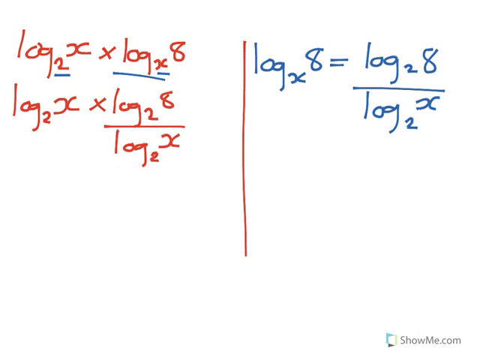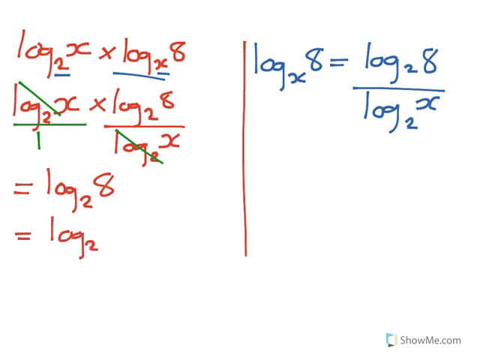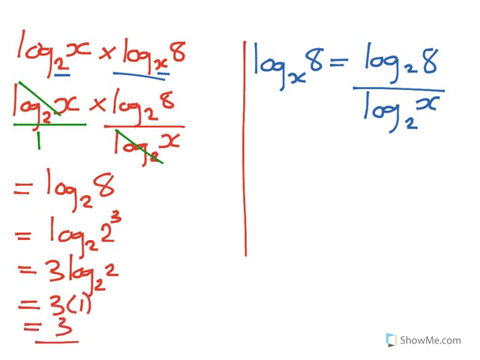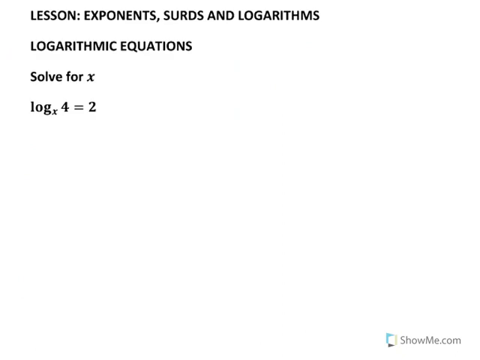When you have done that, you can see this is like over 1 there. Now I can cancel that and that. So when I cancel that, what do I have now? I've got log base 2 of 8. Now this continues to become log base 2 of 2 to the power of 3. This is equal to, you drop the 3, log base 2 of 2, then the answer becomes 3 times 1, which is equal to 3. That's how you simplify that.